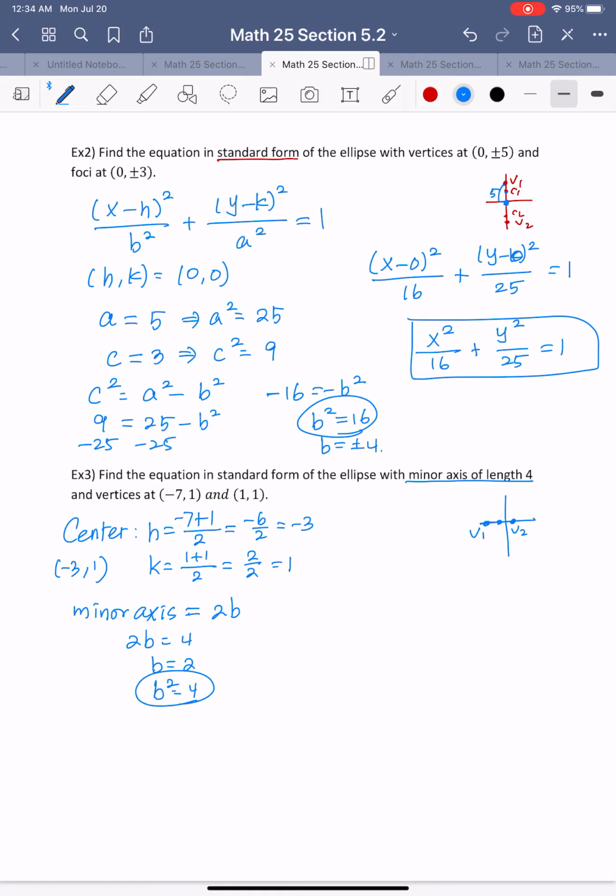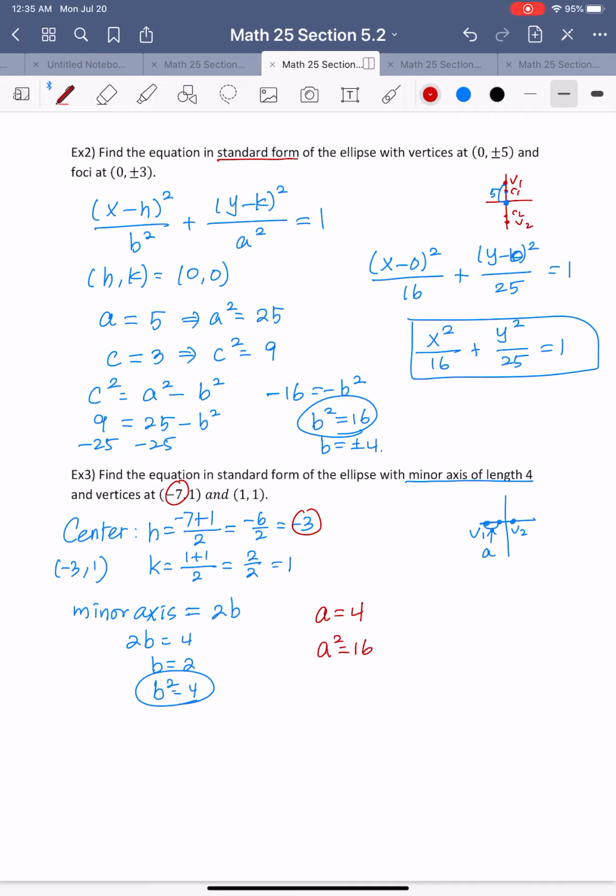The a is the distance from the center to the vertex. Okay, so the center is right here. So this is actually going to be a. So from negative 7 to negative 3, right? Okay, so how far is that? 4, isn't it? So I know a is 4, which means a squared is 16.